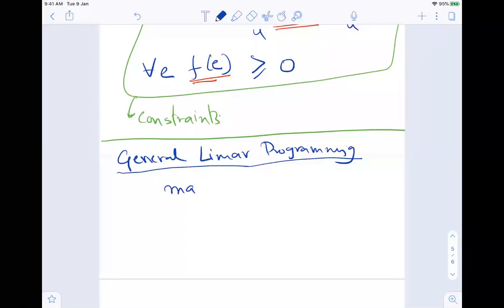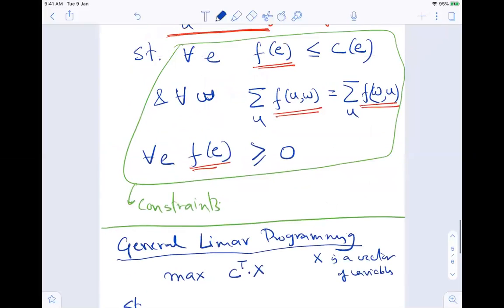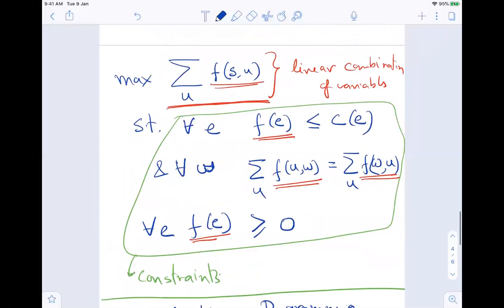I maximize some C transpose X, where X is a vector of variables, right? And C is also a vector of known things. So X is a vector of variables, such that the constraints, what are the constraints? Of course, it's a linear combination of x's.